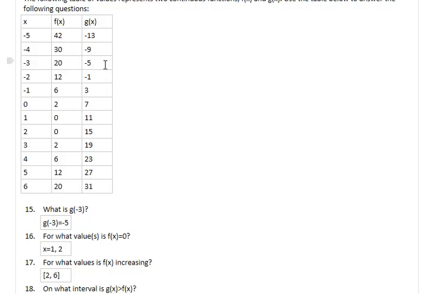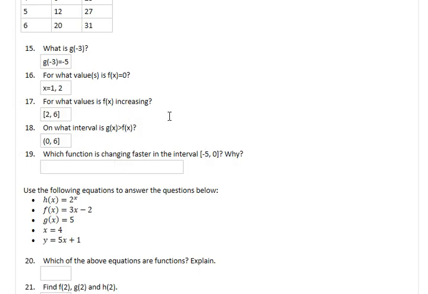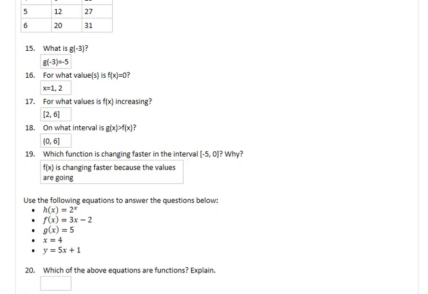This one is going up by 4 every time, but this one is definitely very steep, leading from negative 5 to 0. I would say then that f of x is changing faster because the values are going down much faster than g of x is growing.